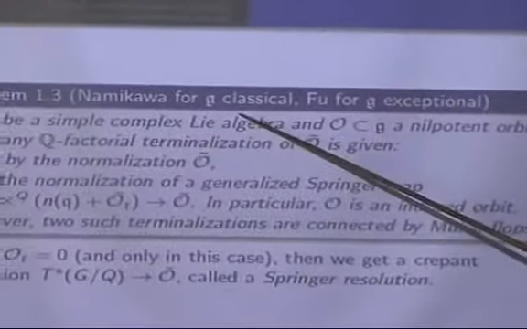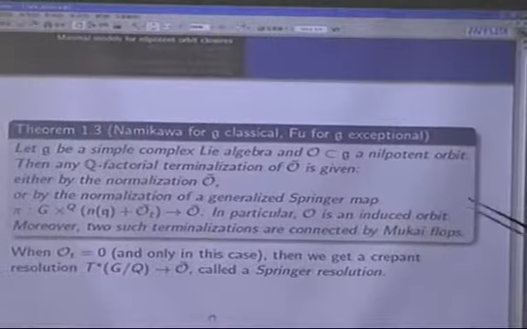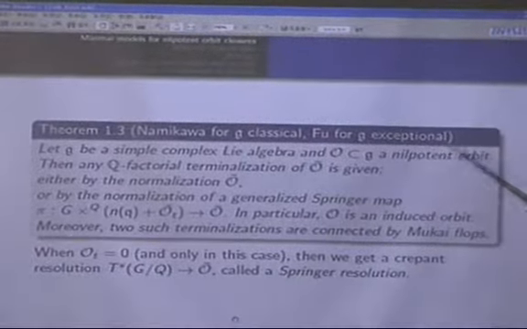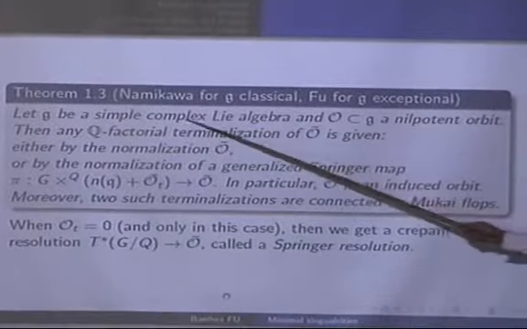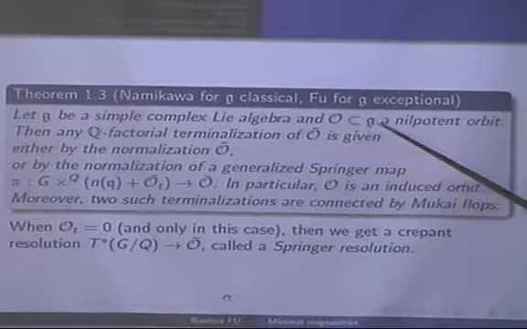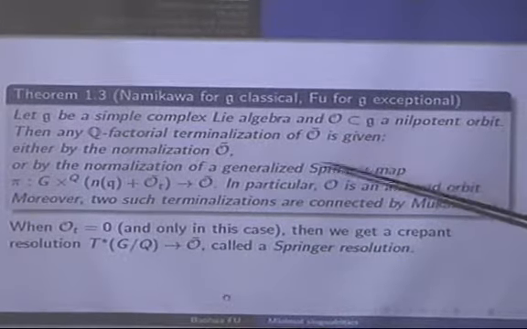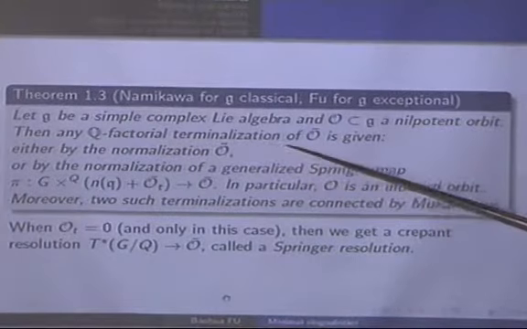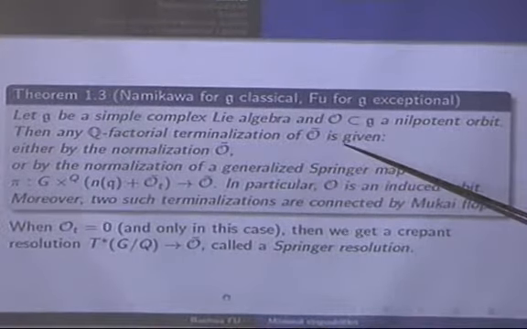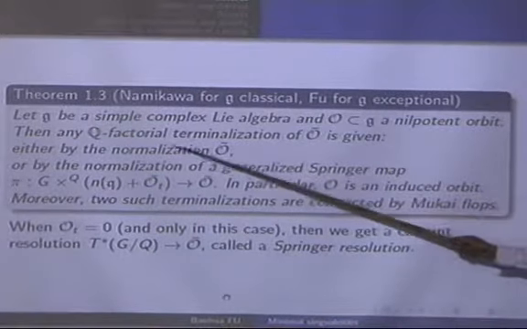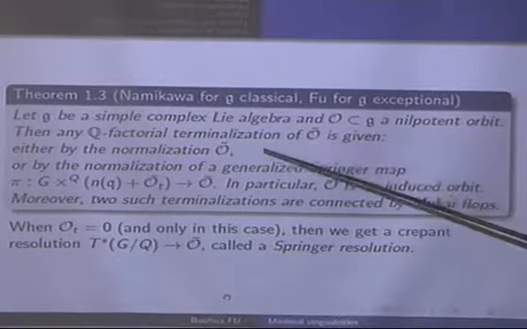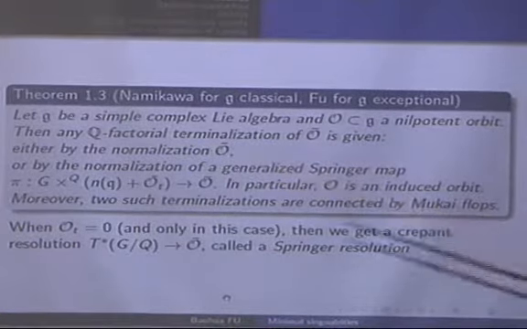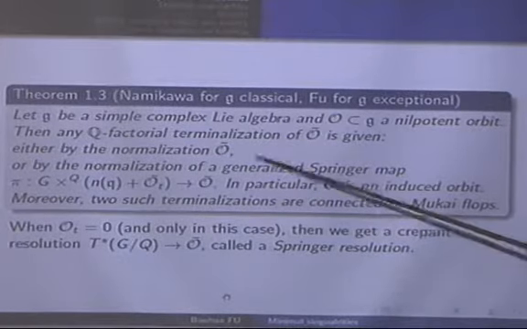Now the theorem, shown by Namikawa for the case of G classical, and by myself for the exceptional case, is the following. Fix any simple complex Lie algebra g, and let O be a nilpotent orbit. Then any Q-factorial terminalization of O bar is given in one of two ways. The first is to take the normalization of this closure, which sometimes gives a Q-factorial terminal singularity.